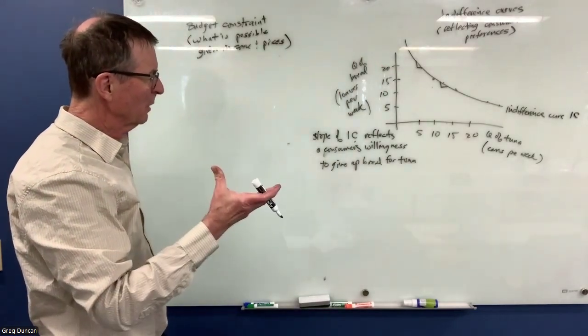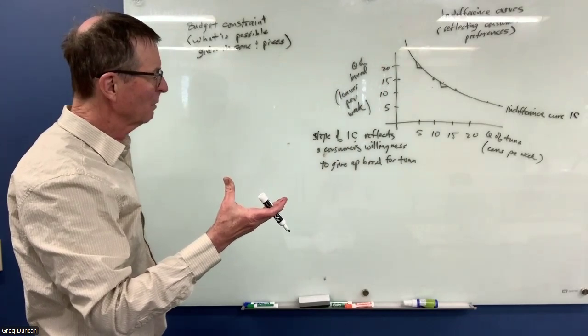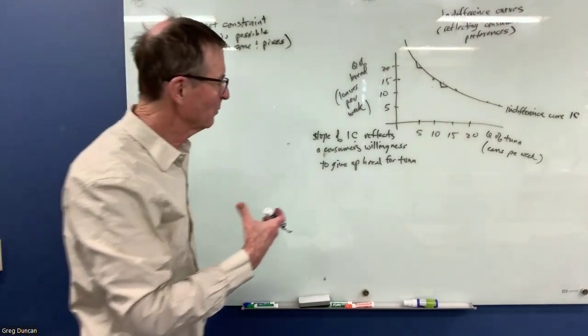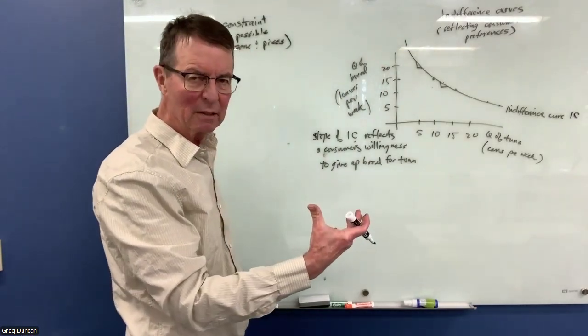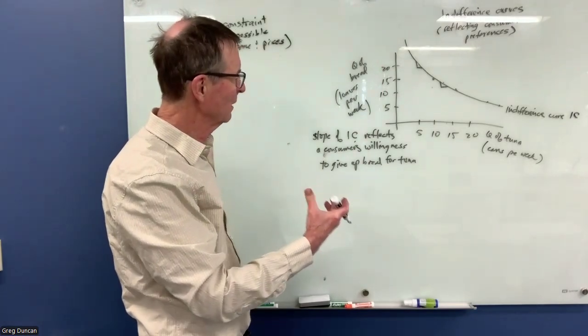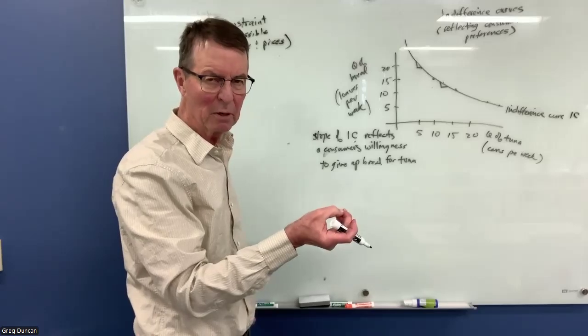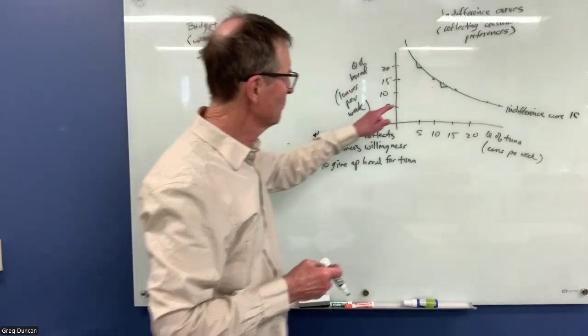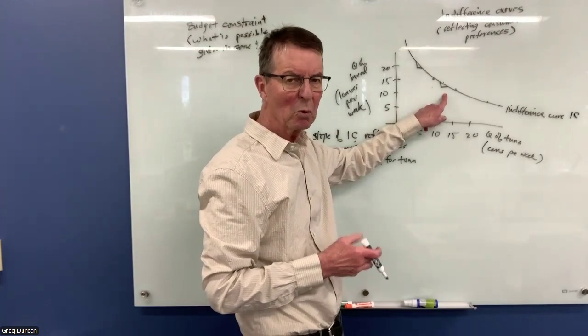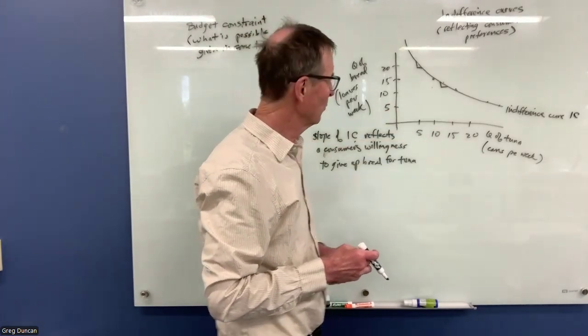But we want to contrast this with what we talked about before, which was the budget constraint, right? That was usually a straight line. And that shows your ability to give up one good for another. Indifference curves are all about preferences, and it's your willingness to give up one for the other.